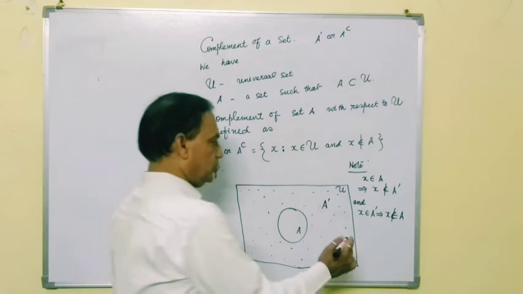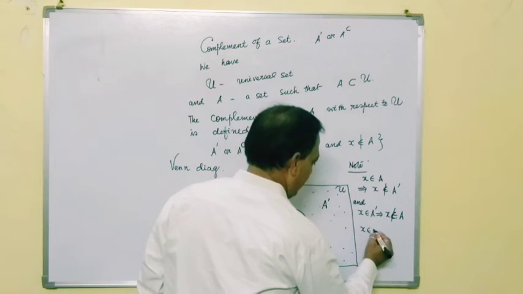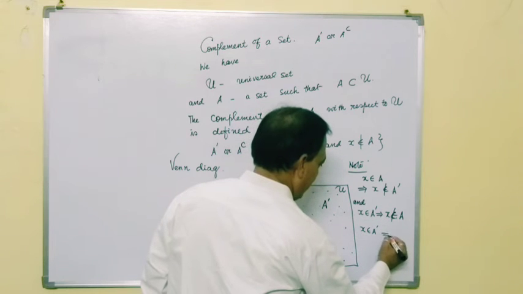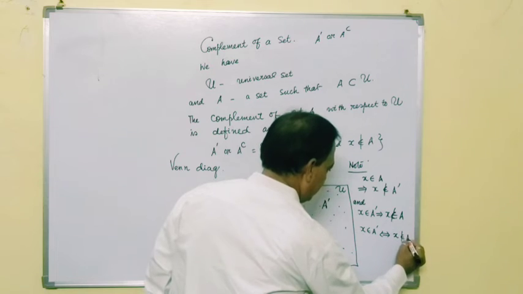Right? You can write in a single sentence, X belongs to A dash implies and is implied by X does not belong to A.